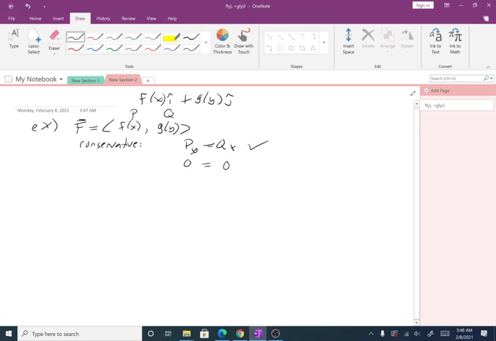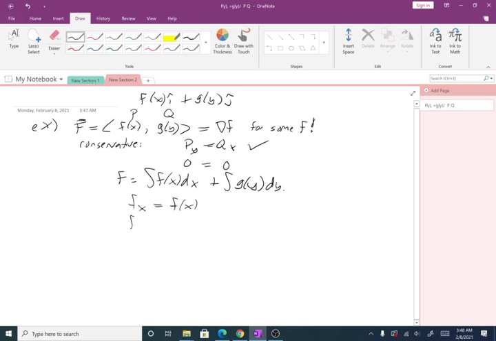So this works. So that means this is equal to gradient F for some F. And it's actually really easy to see what this is. It's just F equals the integral of f of x dx plus the integral of g of y dy. Right? Because Fx is just f, and Fy is just g of y.